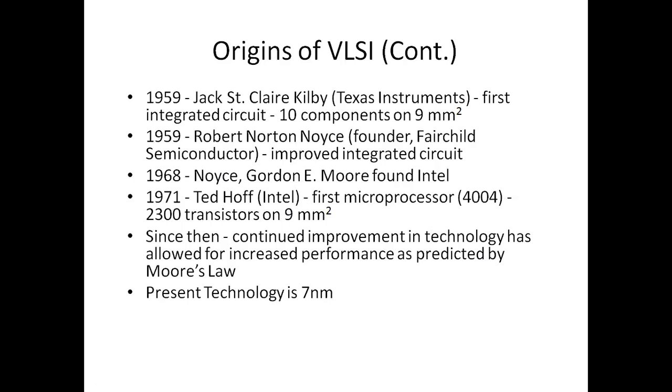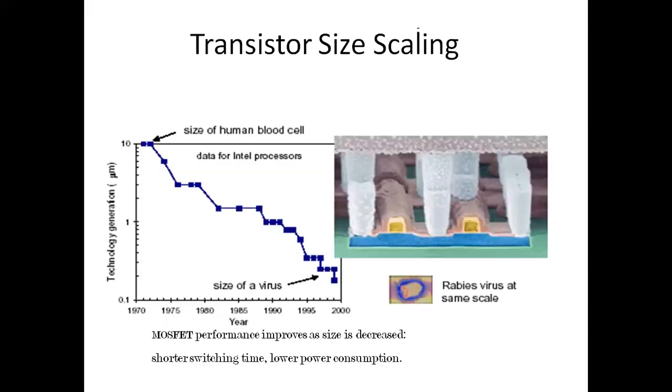And scaling means what? I will tell you. The present technology is 7 nanometer technology. So here, what do you mean by transistor size scaling? It means that when we improve the technology, when we improve the processes that are involved in fabrication, like the photolithography process and all that, we can build smaller devices.